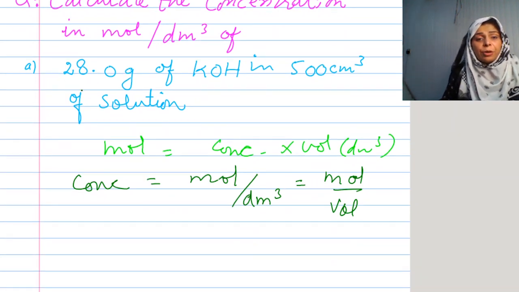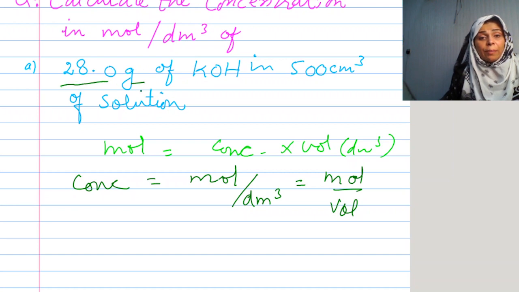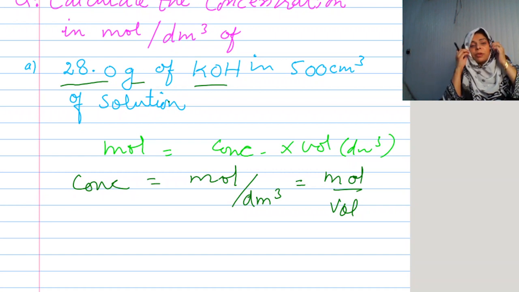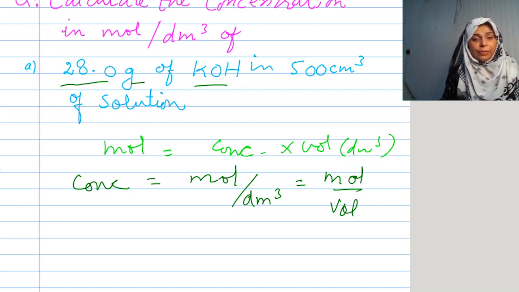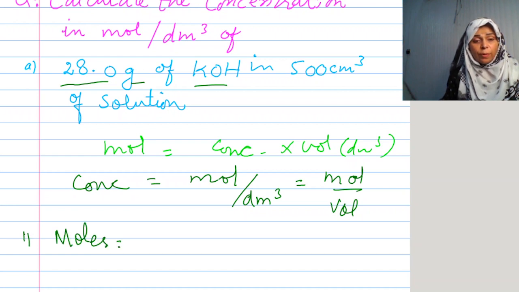So we have 28.0 gram. Oh wow, we have got grams. So we need moles. First of all, we will calculate the number of moles of this solid. To calculate the number of moles of solids, the formula is moles is equal to mass over Mr or Ar.